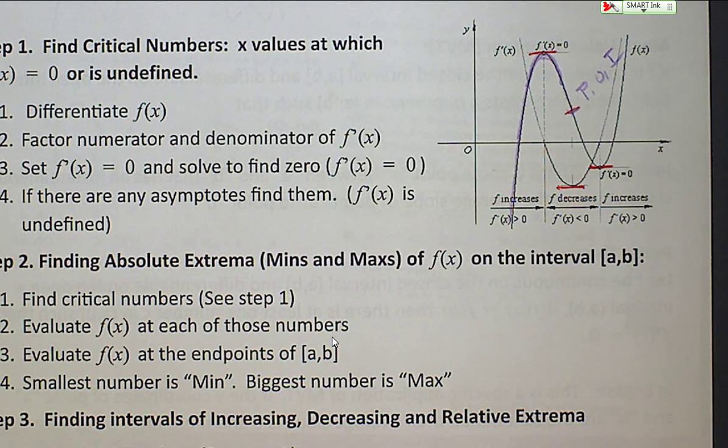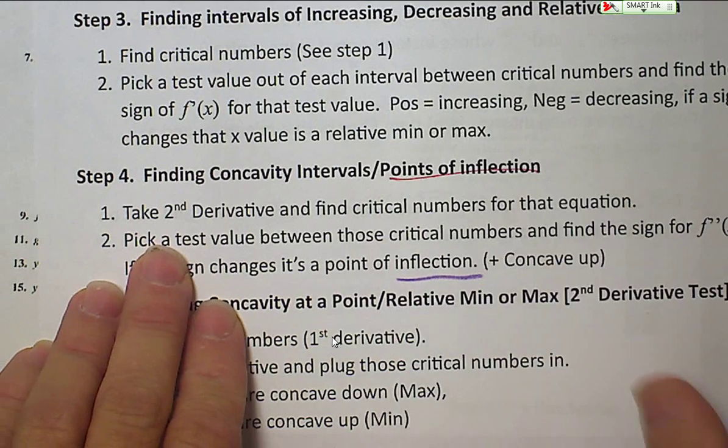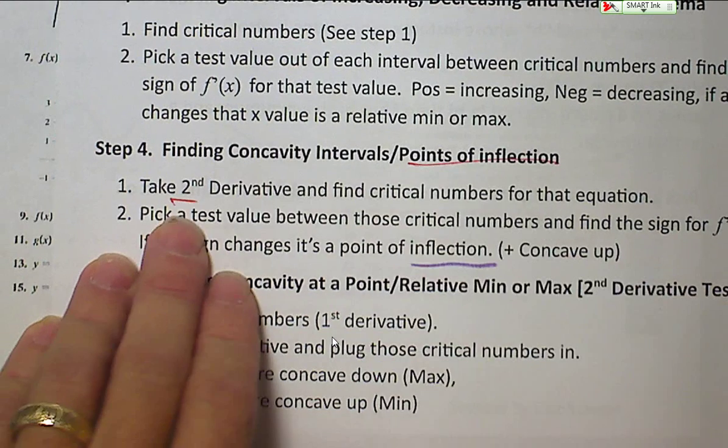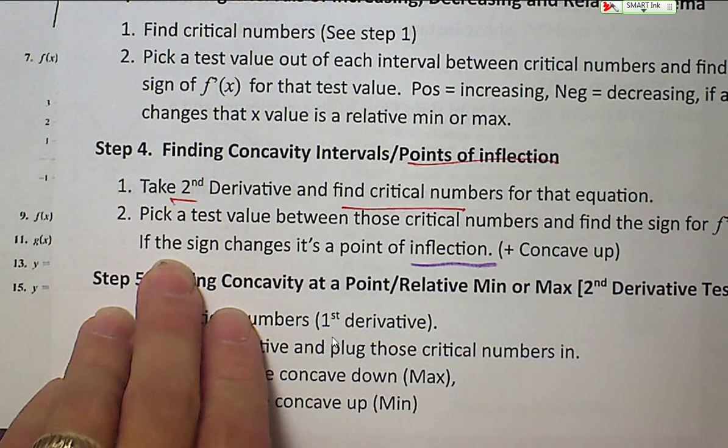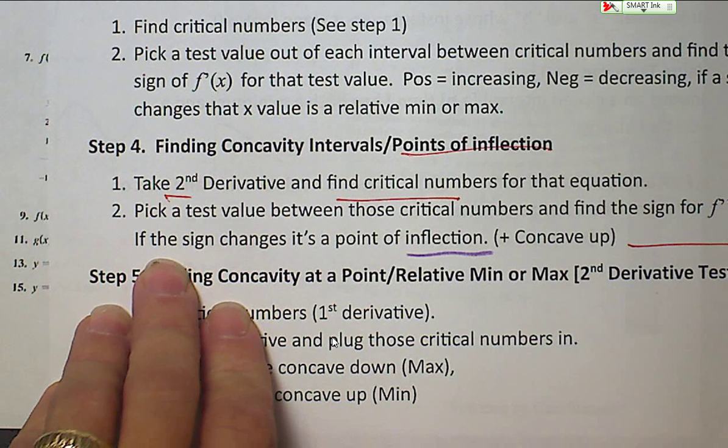And so that's going to be your concavity. So if you look at the notes, to find points of inflection, take the second derivative, set it equal to 0, find the critical points, and create your little test graph just like you've been doing. That's what we're doing today.